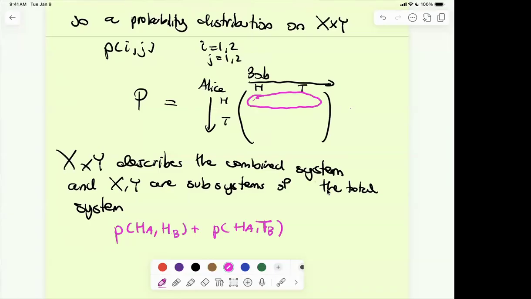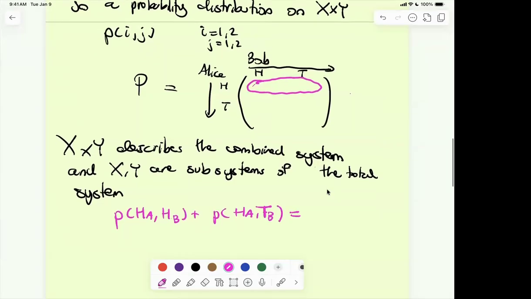What I was saying last time is that you're adding over the two possible outcomes for Bob, which are heads or tails. The only thing that remains is something about the probability that Alice obtains a head, so you would call this probability P of HA, the probability of Alice getting a head.